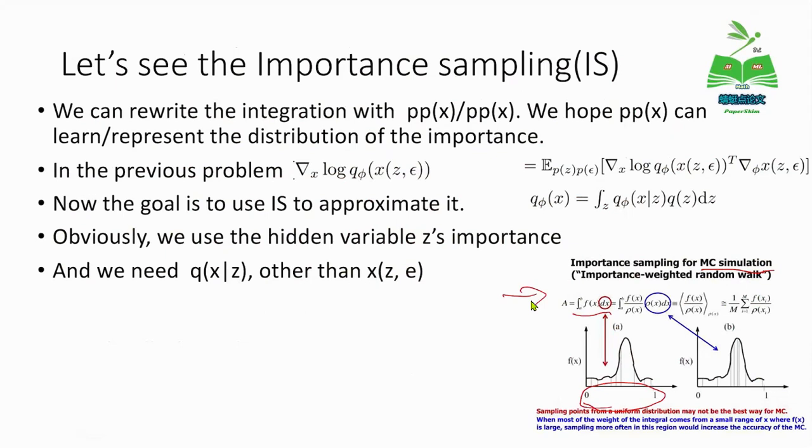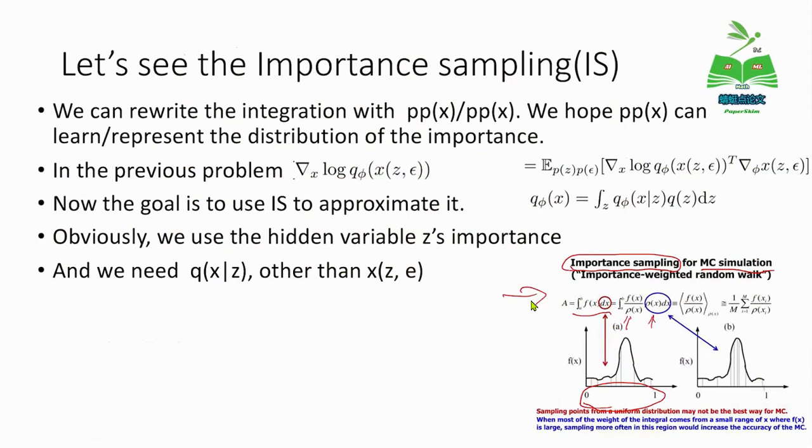It's not a close enough approximation. So the hope is that we can use a distribution of importance, where we get another distribution.